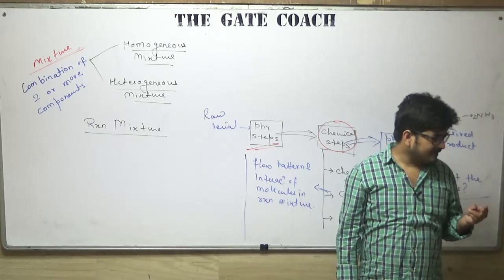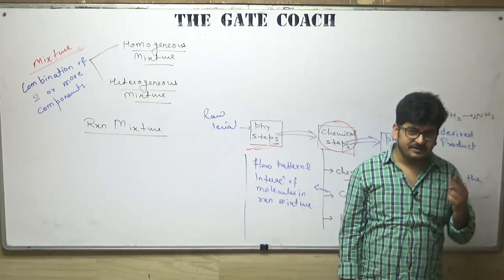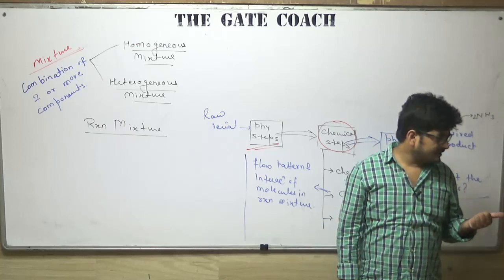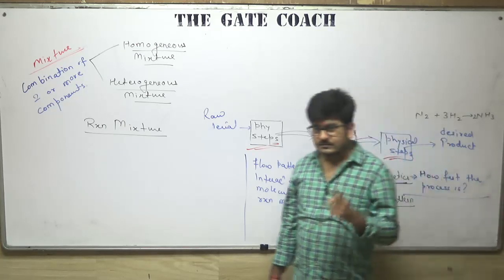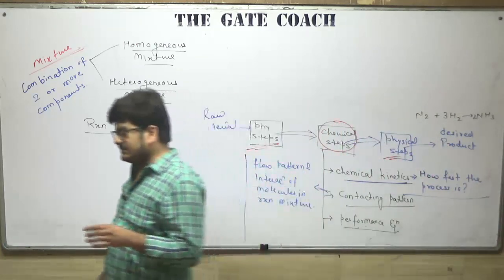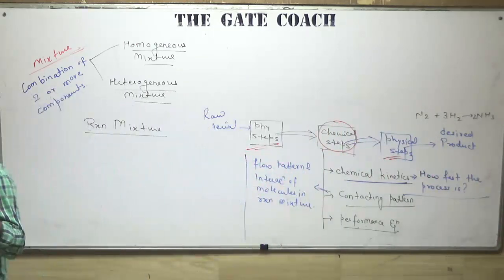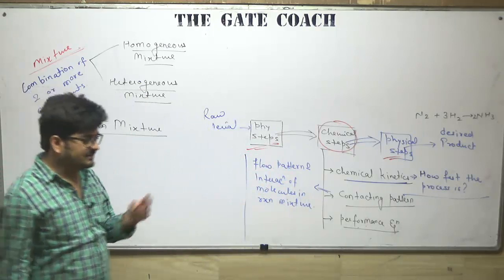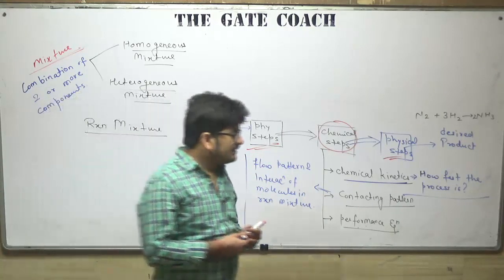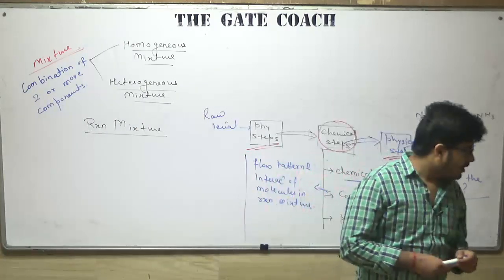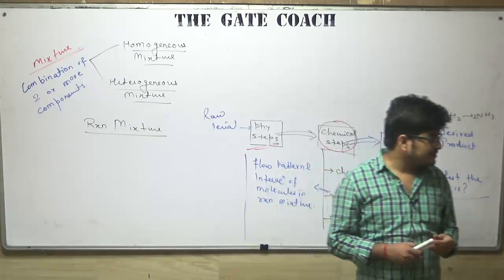Two of you are saying homogeneous mixture exists in same phase. One of you is saying it exists in one phase. Same phase, one phase. Is it different? Homogeneous mixtures have the same composition throughout.